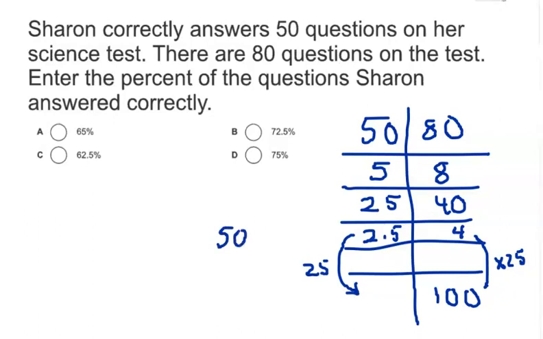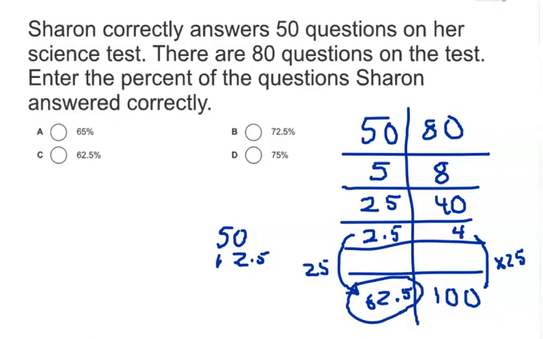And then 25 halves, well, 24 halves would be 12, plus another half. So that would ultimately be 12 and a half. So 50 plus 12 and a half would be 62.5.